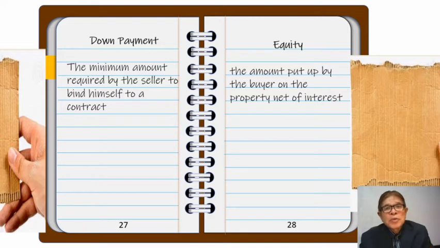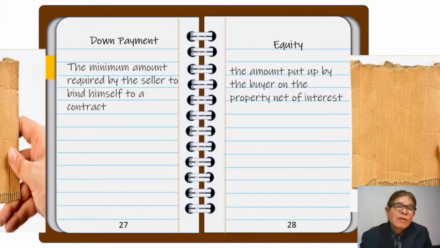Many are confused with the difference between down payment and equity because at the start, they are the same. But as the buyer continues to pay monthly installment or amortization, his equity increases. The most popular down payment is 20% among developers.